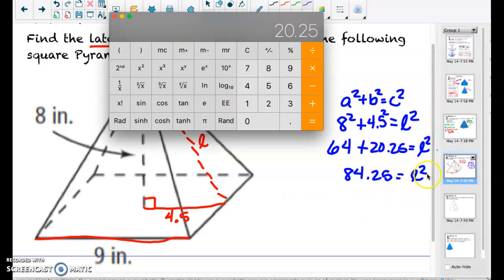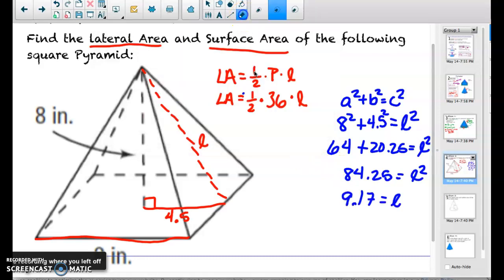And so now to get rid of that square, remember we have to take the square root on both sides of the equal sign. So I'm going to type in this 84.25 and take the square root of it. I end up with 9.18 if I round up.